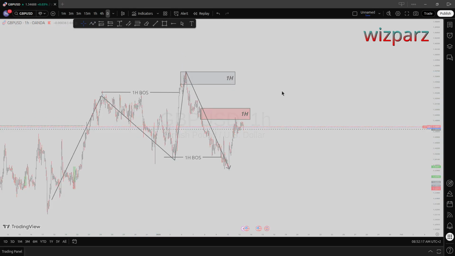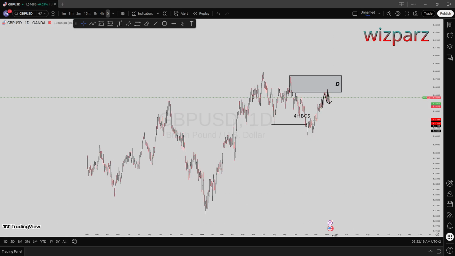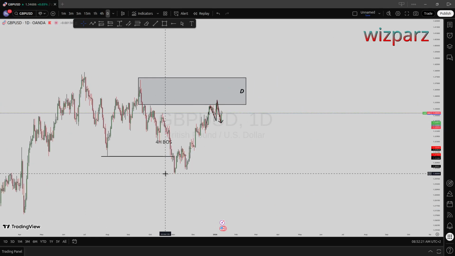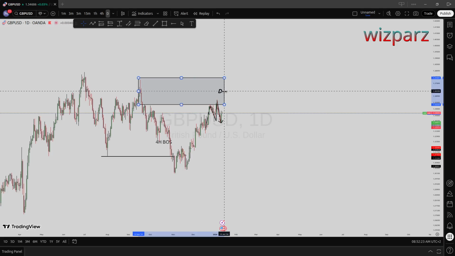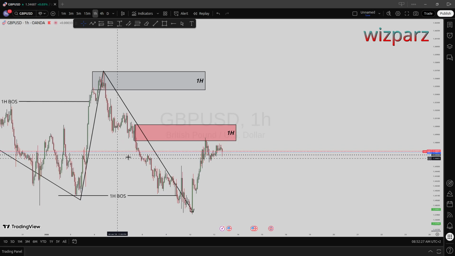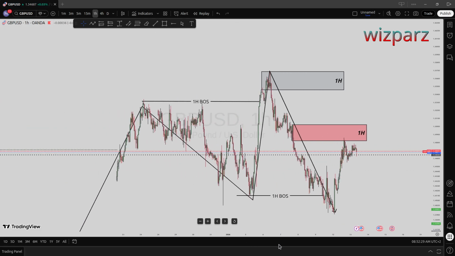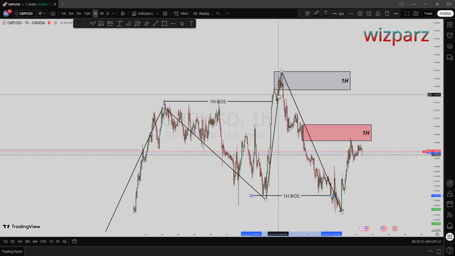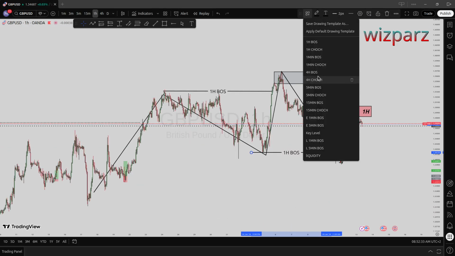If we scale to the daily time frame, we can clearly see that the 1 hour uptrend made a market shift to the downside because the daily demand zone led to a change of character to the downside.